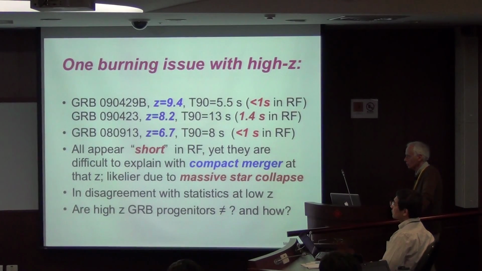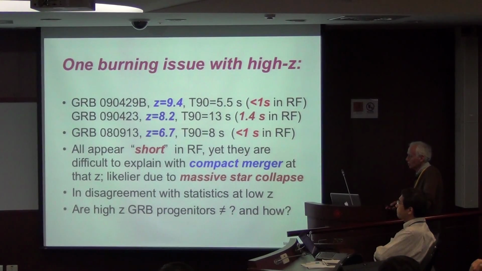Maybe the collapse is much faster, or maybe they're binary neutron star mergers, but in that case they should be much more energetic than the usual ones. So these objects are observed. They're very luminous, but there is some difficulty in understanding them in terms of massive star collapse, which is what they should be.